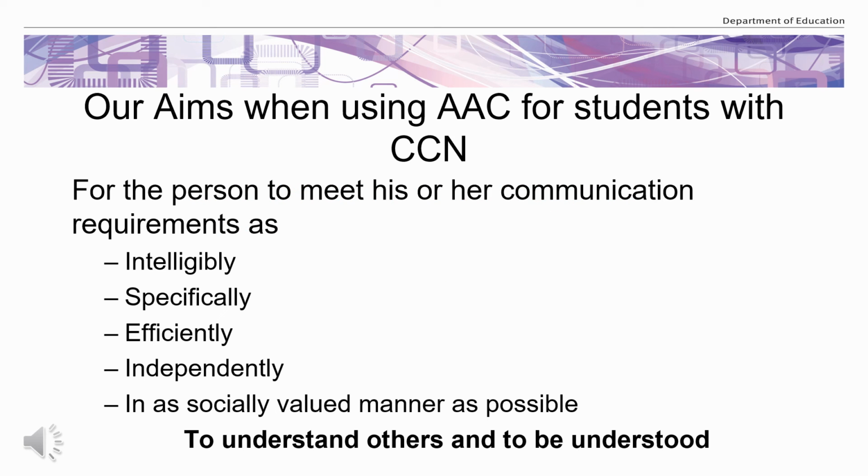With all this in mind, our aim when using AAC for students with complex communication needs is for that person to meet his or her requirements as intelligibly, specifically, efficiently, independently, and in as socially valued a manner as possible. In other words, we want our students to understand others and to be understood.